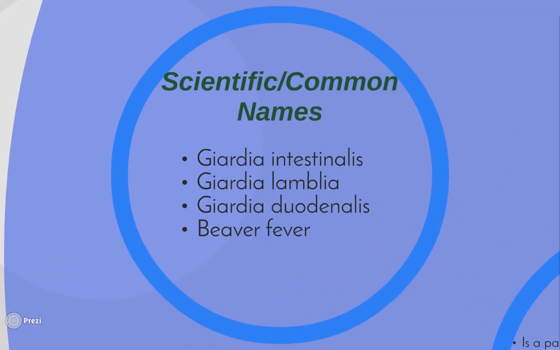So the first three are going to be the scientific names: Giardia intestinalis, Giardia lamblia, Giardia duodenalis. So if you can kind of tell, Giardia is the first name for most of the scientific names, but the last names, intestinalis and duodenalis, you kind of think of the GI tract, or your intestines, or your bowels, I guess is the best way to put it.